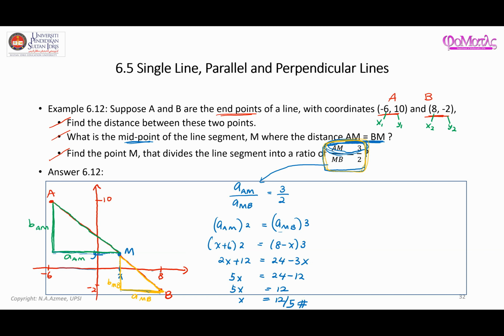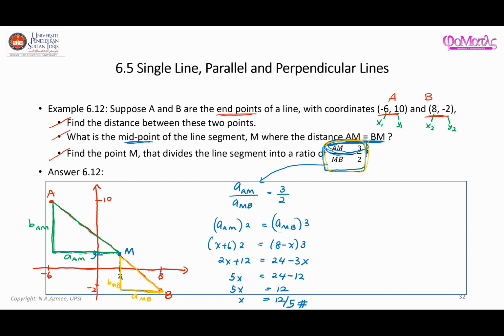Next, we are going to find the value of Y. In a similar manner, I can say that the length of B for AM over the length of B for MB here must follow the ratio of 3 over 2. So B for AM over B for MB must be 3 over 2.